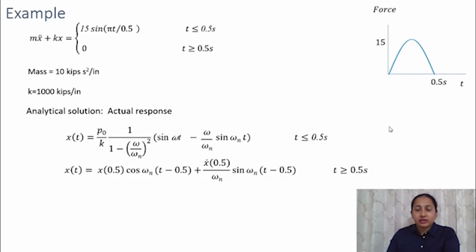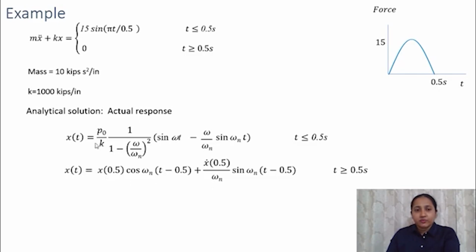So this will be valid when the system is under forced vibration, and we can also find the free vibration of the system after 0.5 seconds using the displacement and velocity at this 0.5 seconds.